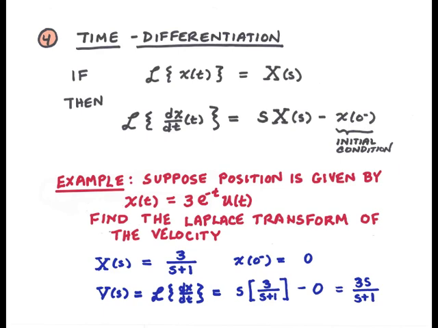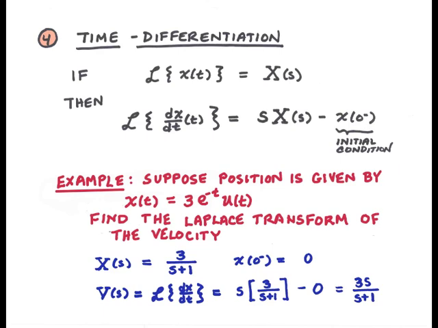We'll note the value of x at time 0 minus is 0, since there's a discontinuity in x at time 0. So, using the time differentiation property, we have the following. The velocity, which we'll label v of s, is the Laplace transform of dx dt, which will be s times x of s minus x at time 0 minus.